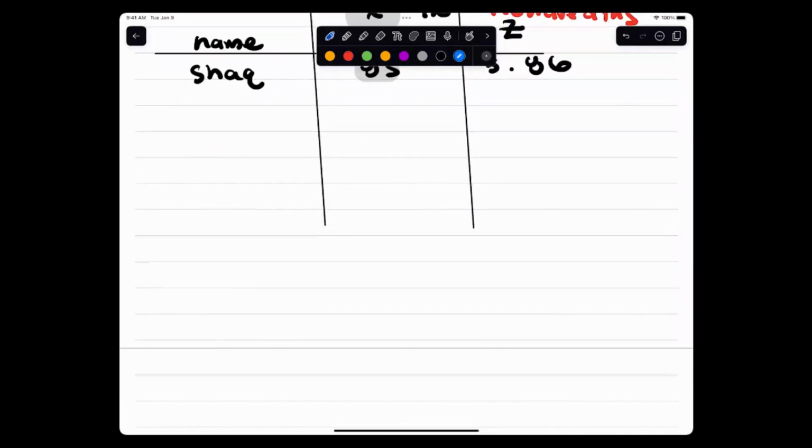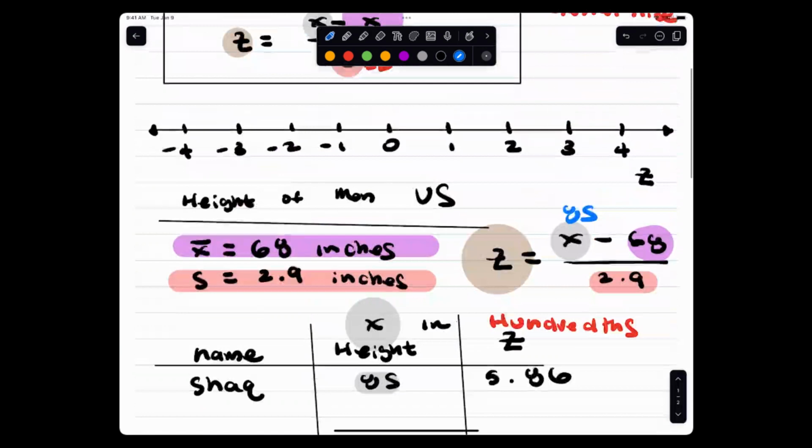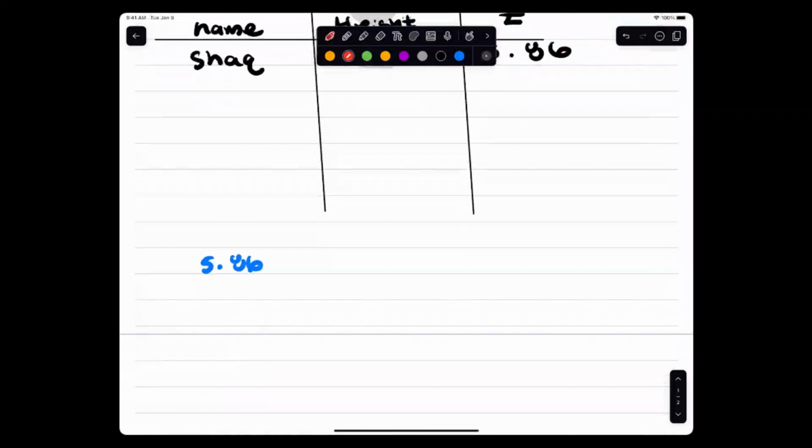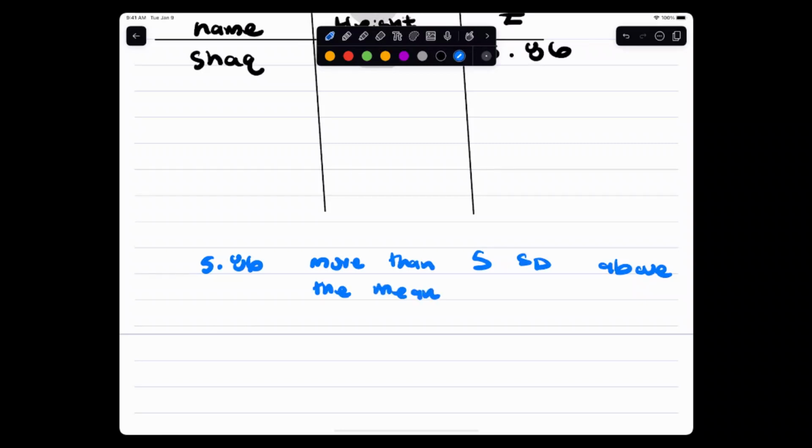So what we do now is we look at this number and you say, what does 5.86 mean, right? 5.86, first of all, is positive. What does it mean that it's positive? It is above the mean. Because where is your mean as a z value? Do you guys remember? The mean is 0. So what we say is Shaq is more than 5 standard deviations above the mean.